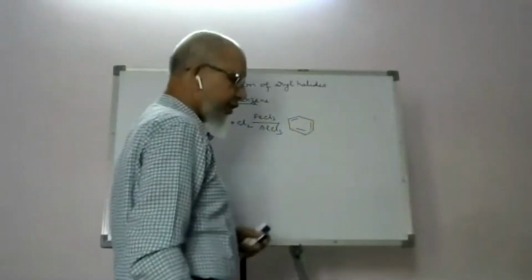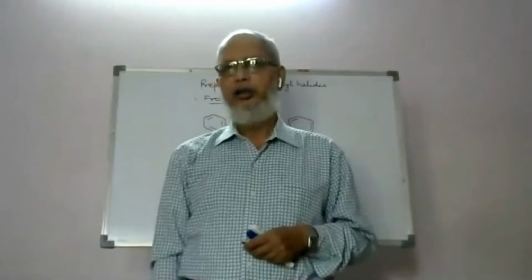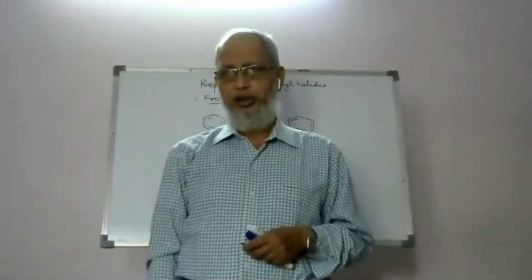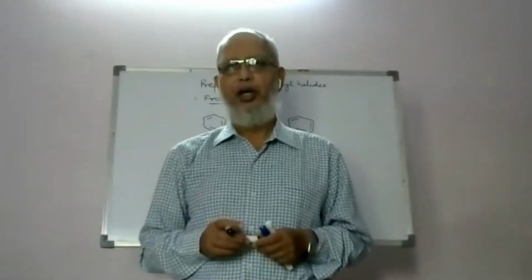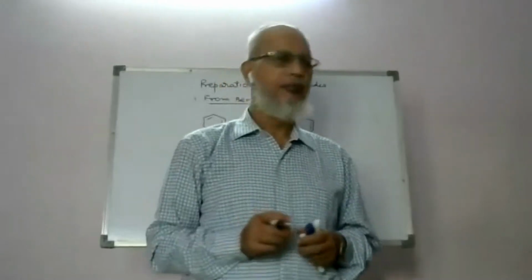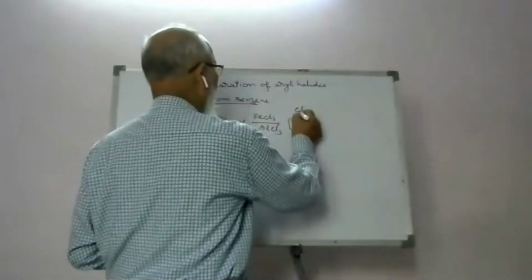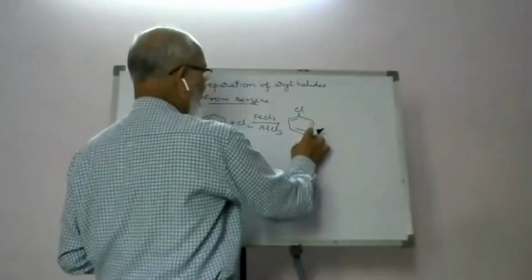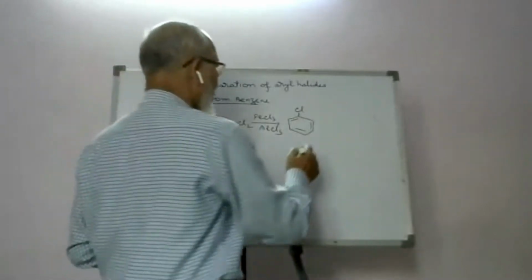Now, since all the 6 carbon atoms in the benzene are equivalent, that's why the substituent group can be substituted at any position or at any one of the corners. The compound will always remain same. So, suppose we substitute here, then also, or here, or here, or here, or here, or here. Then in each case, it will be called as chlorobenzene.